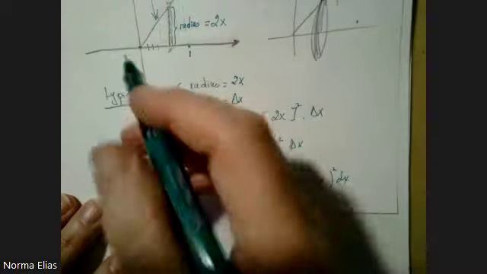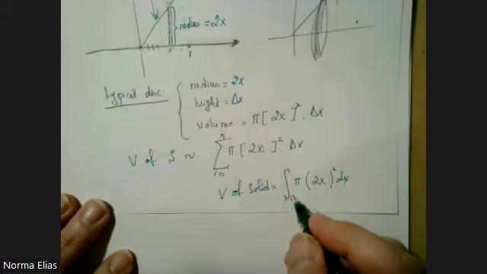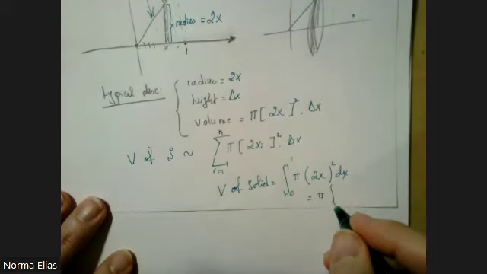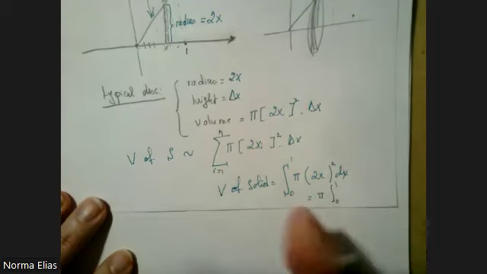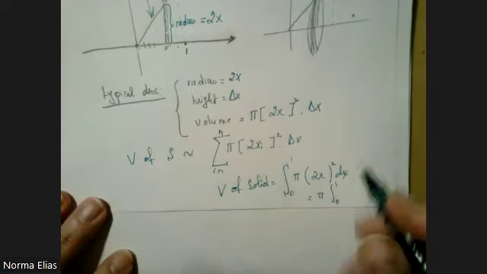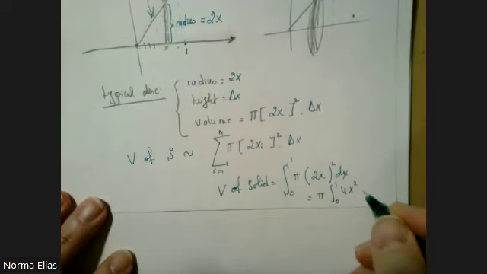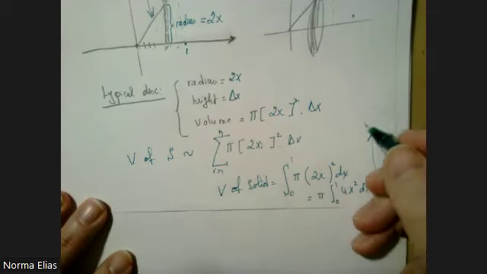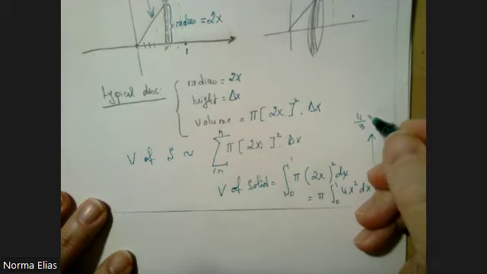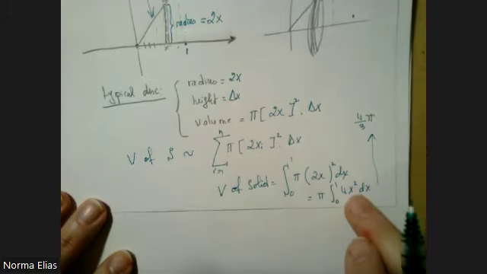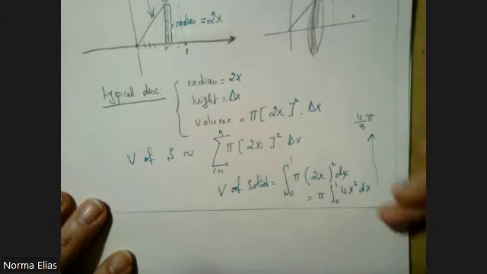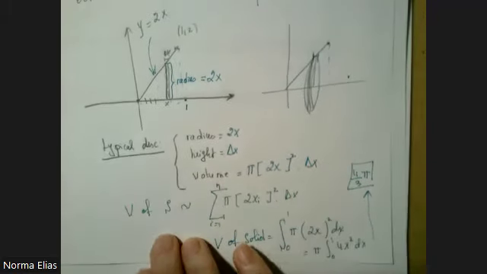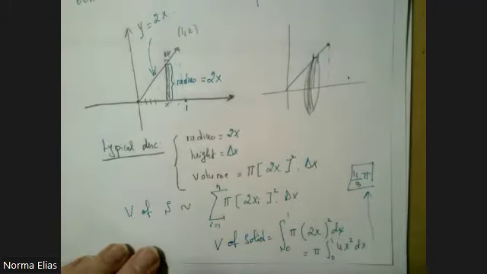And my interval, to cover this region, I need to go from 0 to 1. So finally, I will get pi times the integral from 0 to 1 of (2x) squared, which is 2x times 2x, 4x squared dx. And finally, you just evaluate this and we will get 4/3 pi, because this will give me 4/3 x cubed. We get 4/3 pi, which is exactly the volume of the cone that you guys see in the picture.